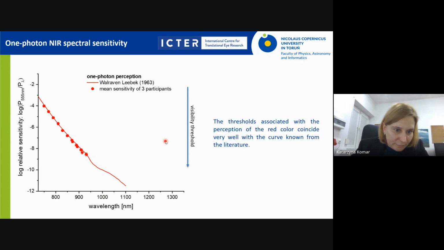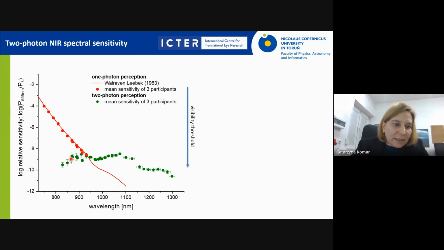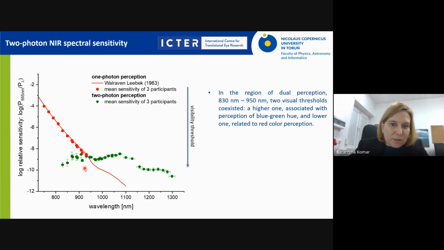However, when we start to go into longer wavelengths, like 850, 860 and so on, the perception slightly changed. The perception of color slightly changed because the beam was perceived not as fully red. It was red with the addition of blue or violet color.